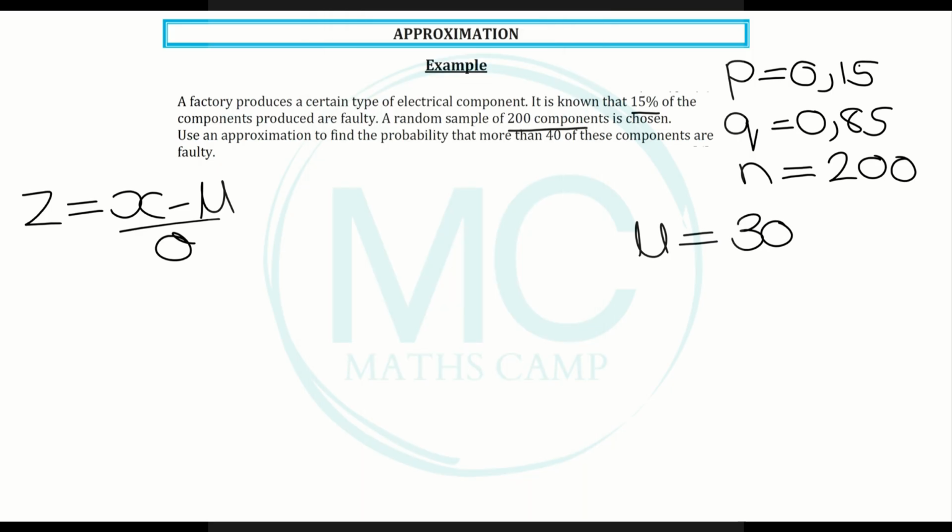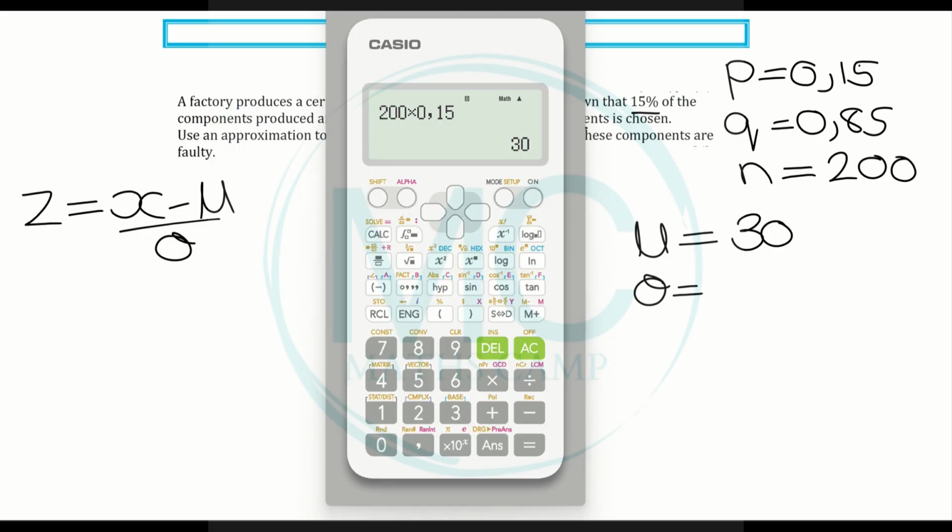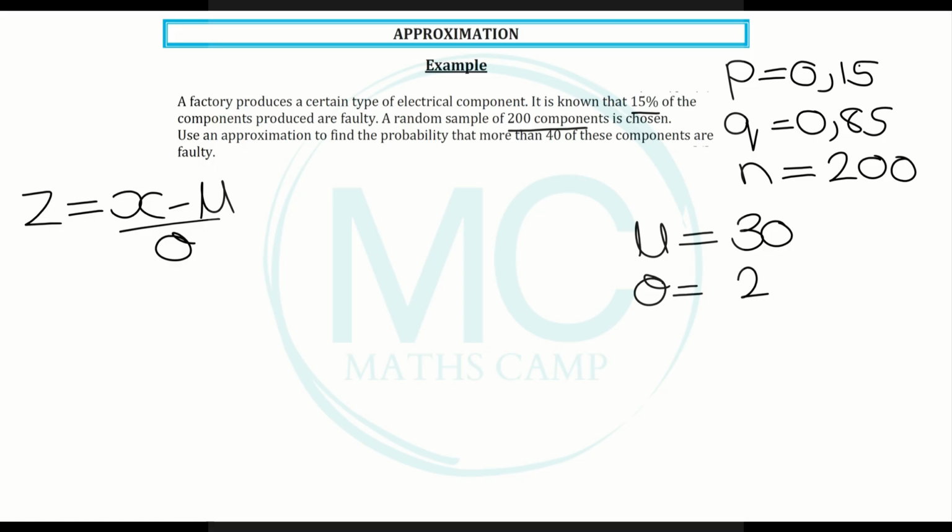To find the standard deviation sigma, I multiply N, P, and Q. I already have a value for N and P. So let's multiply 30 by Q. 0,85 is equal to 25,5. So for sigma, I can say 25,5 under a square root.